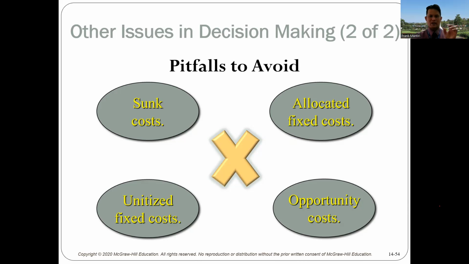It has to be allocated in general or as a total, because unitized fixed cost can distort the information. Also, not to forget about the allocated fixed cost, and opportunity cost. So do not avoid these four elements: sunk cost, unitized fixed cost, allocated fixed cost, and opportunity cost, because it is important for management to think about in making a decision.